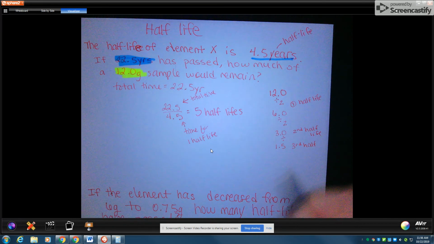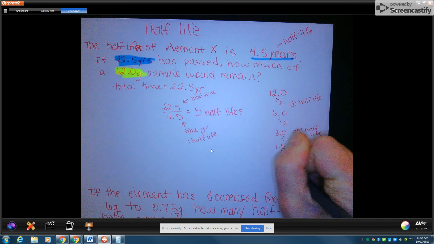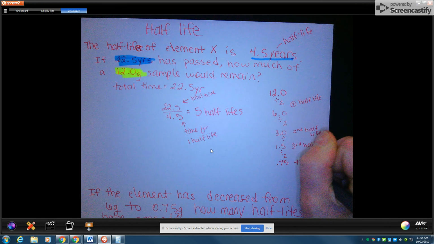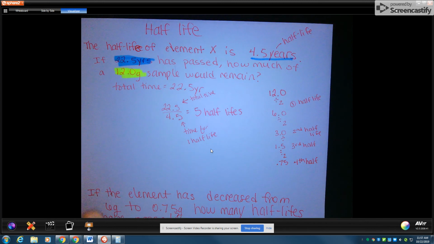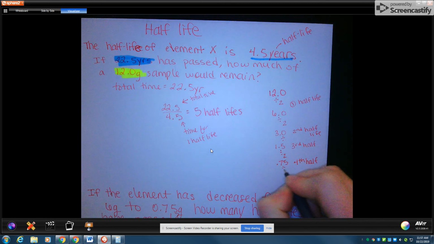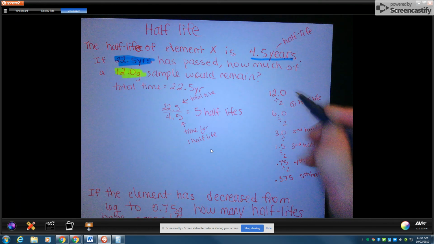It happens again, and you get 0.75. That's our fourth half-life. I have to do this until I get 5. So then you take 0.75 and you divide by 2, and you get 0.375, and that would be our fifth half-life. Well, we started with 12 grams.